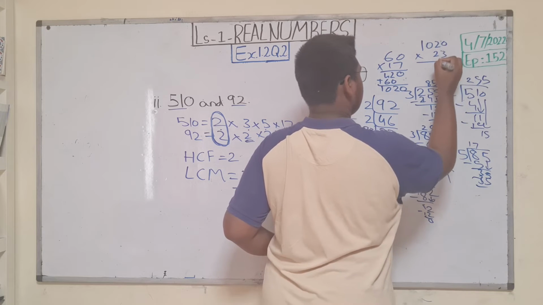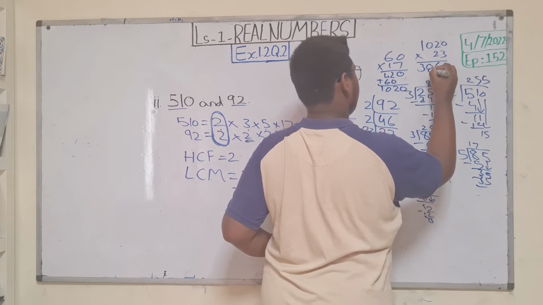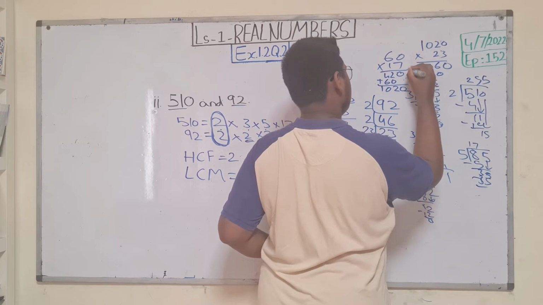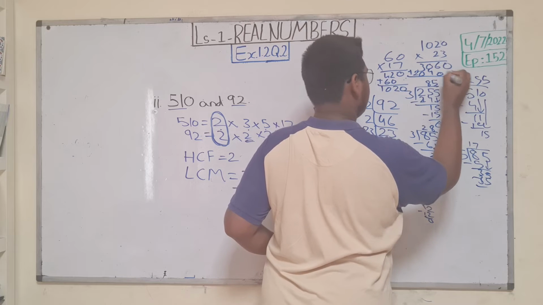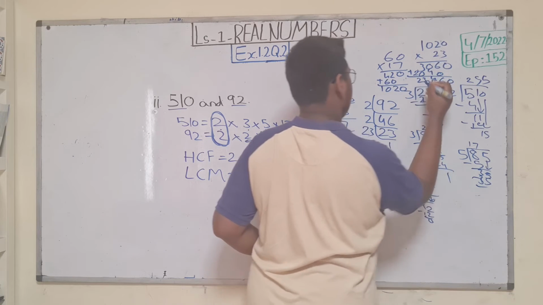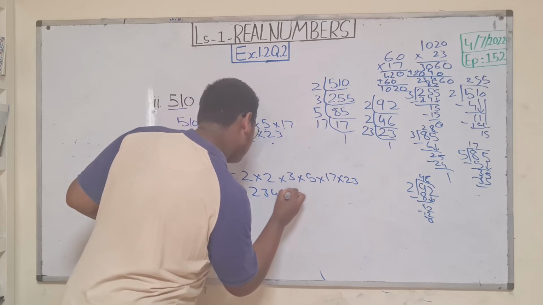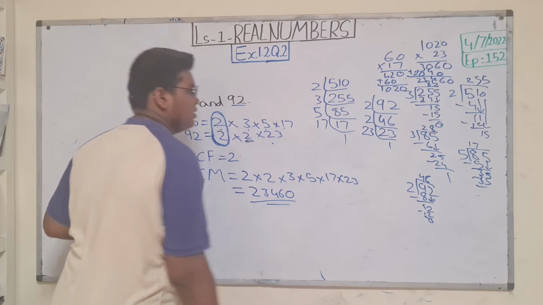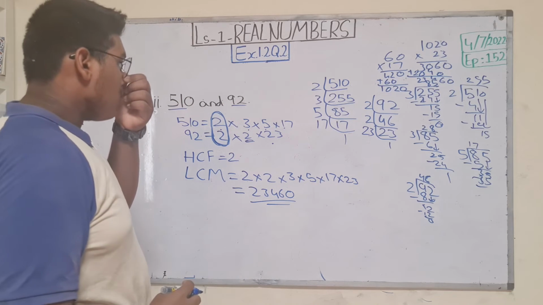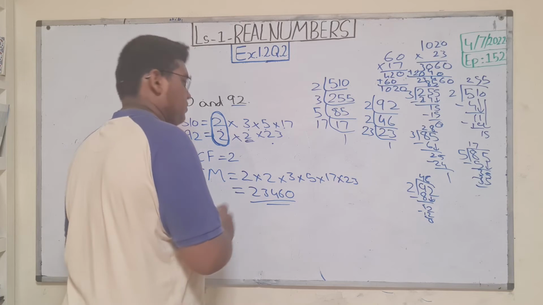So 30603, right? So again 2, 4, 0, 2. If we add them, we get 0, 6, 4, 3, 2. So 2, 3, 4, 6, 0. Right? This is the answer. Yes, 23460.